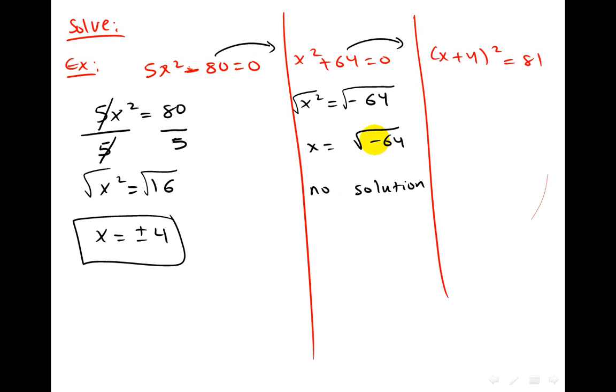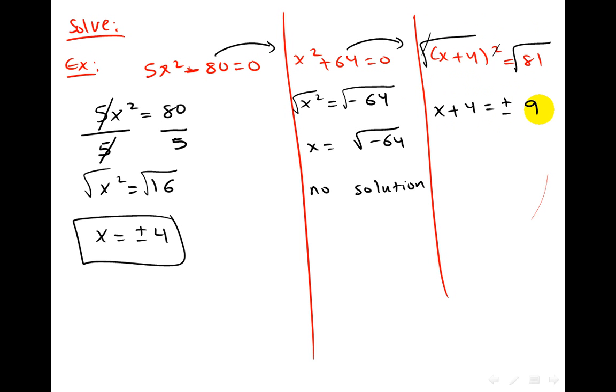Okay, now let's go to the third question. You have x plus 4 the whole squared equals to 81. So first thing, you have to get rid of this square. So we'll use a root in both sides. Here this will be cancelled out, so you'll have here x plus 4 equals to root of 81 is positive or negative 9.